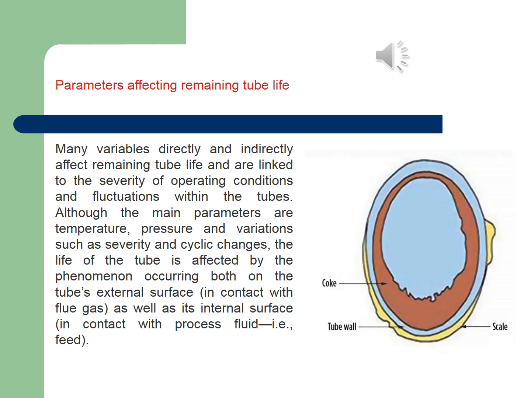In other words, if we look at the picture, you can see that there's coke inside the walls of the tube, and on the outer side of the tube wall there's some scale. So the charge or load that goes through these tubes will affect the tubes, and also the high temperatures inside the furnace.